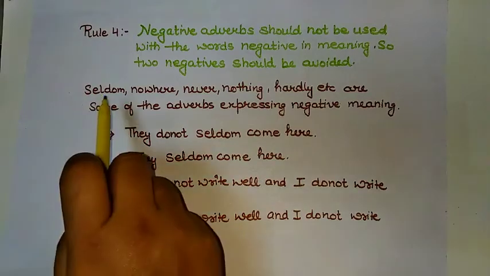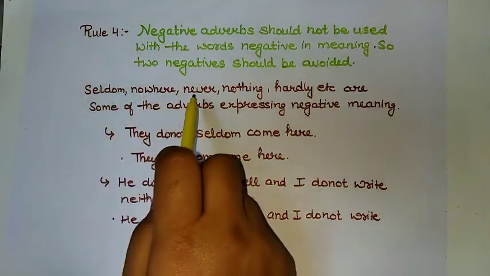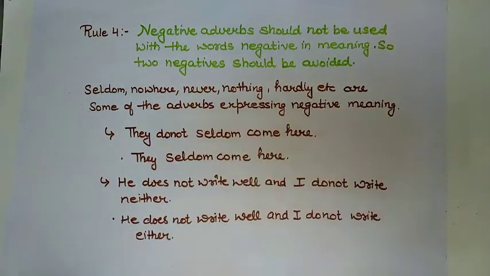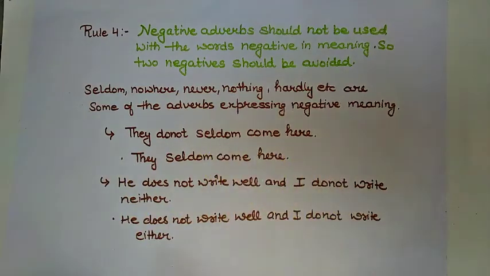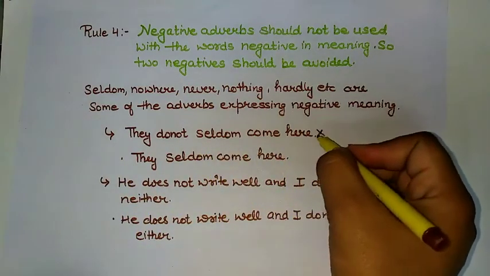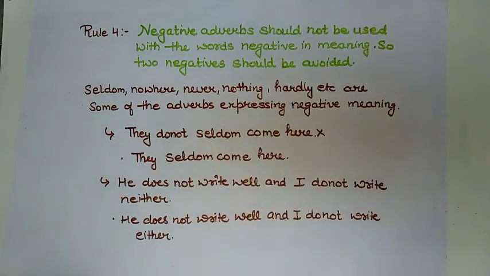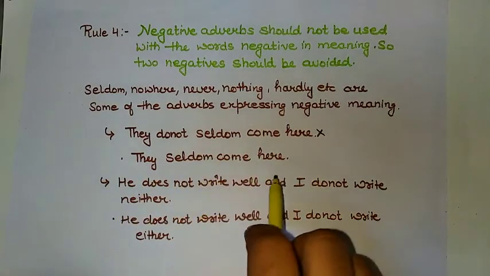Words like seldom, nowhere, never, nothing, hardly, etc. are some of the adverbs expressing negative meaning. Like, they do not seldom come here. The sentence is wrong because seldom itself shows that they are coming very little. So the sentence should be, they seldom come here.